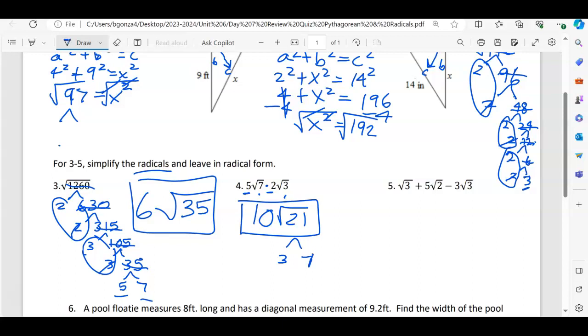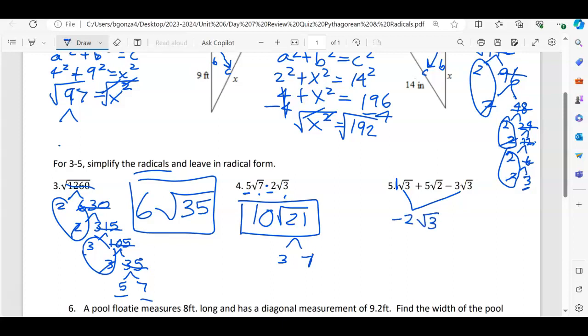Okay. Over here, you can only add like terms. So the 1 square root of 3 minus 3 square root of 3, those are like terms that you can combine. Okay, because of the square root of 3's. What's 1 minus 3? -2.